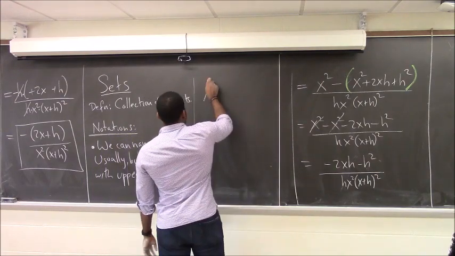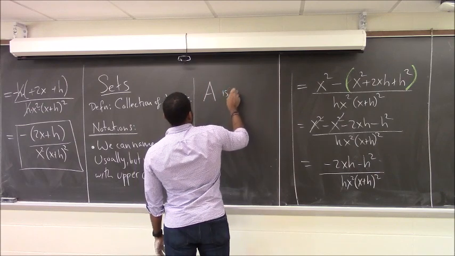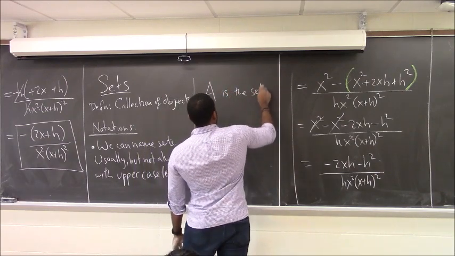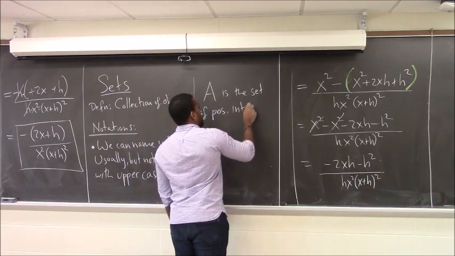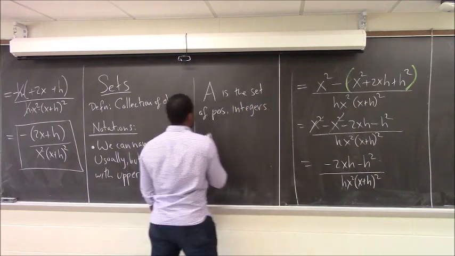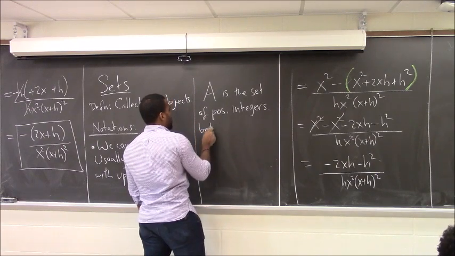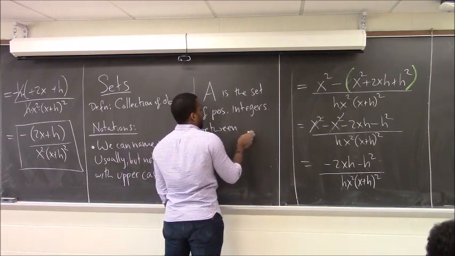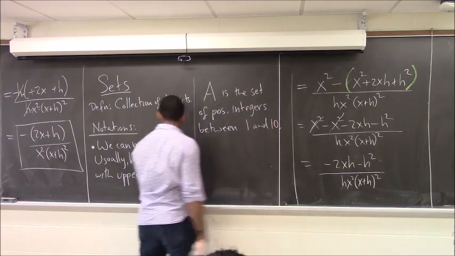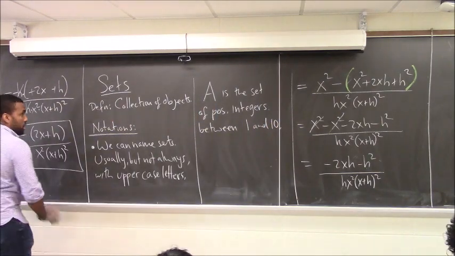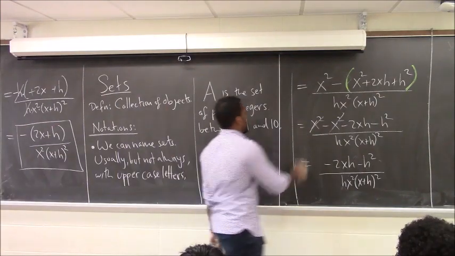So I can say A is the set of positive integers between 1 and 10. I could say strictly between 1 and 10 if we want to do it that way.